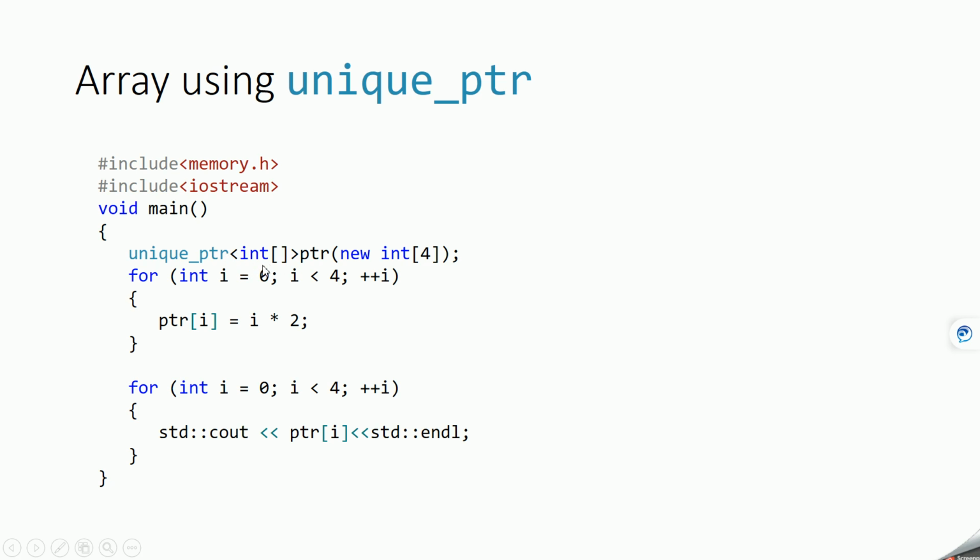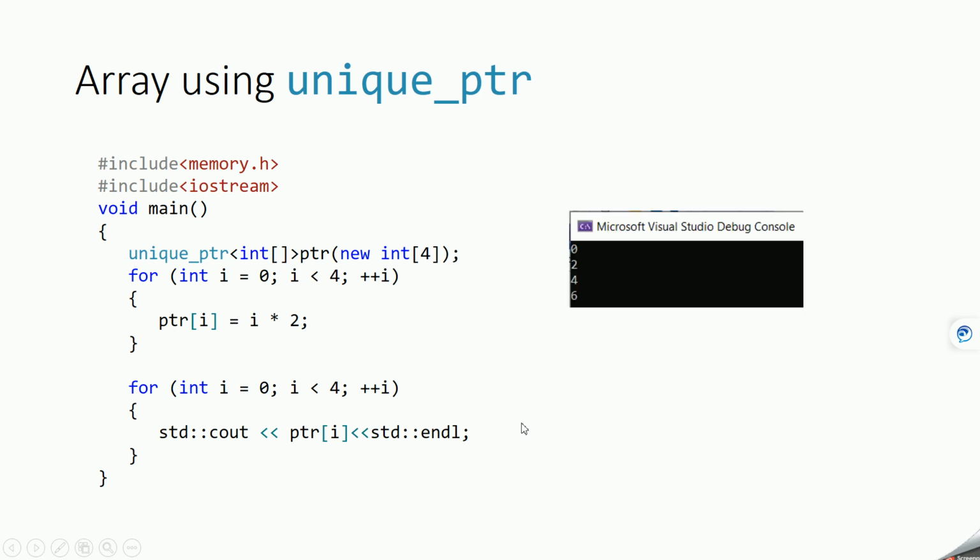Here you can give any data type that you want. And then using this for loop, we are assigning some values to this memory allocation, similar to what we do with a normal array, and then we are printing the values of the array. Okay, so in this case we will get output like this.